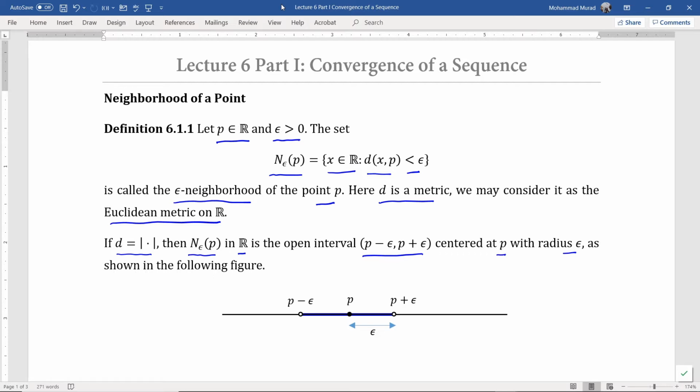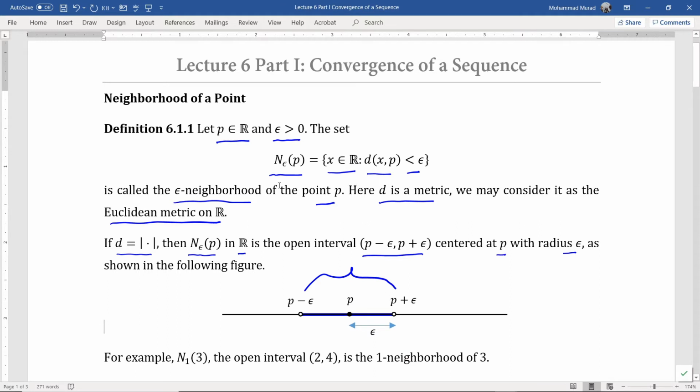So the epsilon neighborhood of the point P in R is the set of all points larger than P minus epsilon and smaller than P plus epsilon. This is the open interval. For example, the one neighborhood of 3 is the open interval containing all real numbers from 2 up to 4.